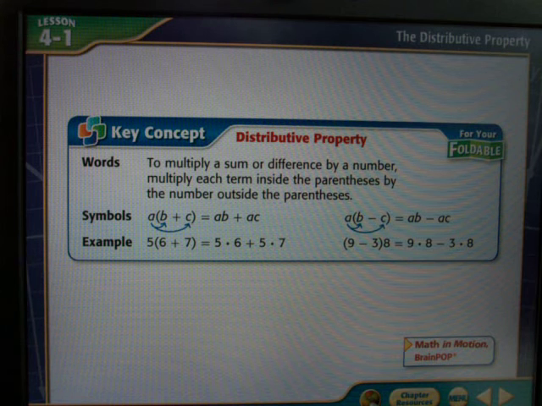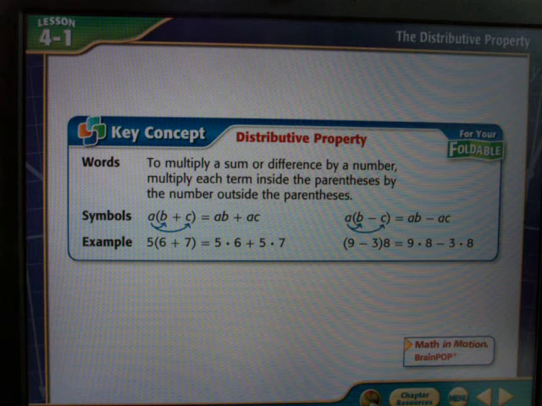And I'm sure some of you are saying, but wait, Mrs. Treasury, I thought you said using the order of operations, we have to do what's in parentheses first. And to that I would say yes. But now look at what happens when we don't know all the numbers. In the example of A times the quantity B plus C, we don't know what A, B, and C equal, so we can't add B and C together.